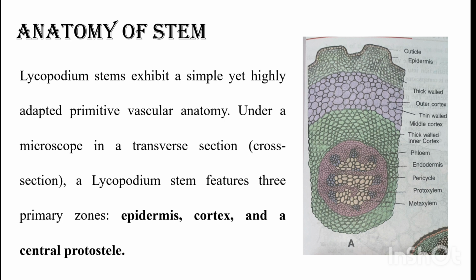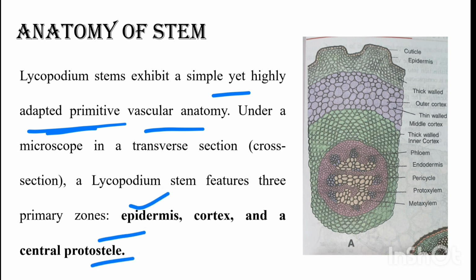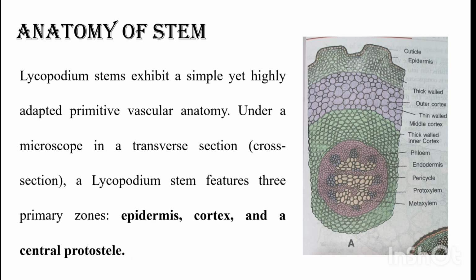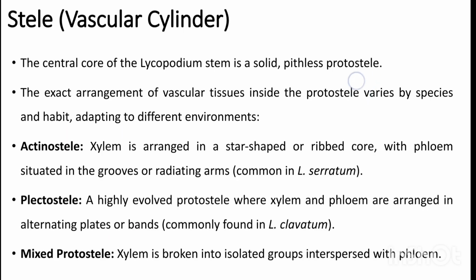Next, anatomy of the stem. Lycopodium stems exhibit a very simple yet highly primitive vascular anatomy. The TS reveals three primary zones: epidermis, cortex and central protostele. Protostele is the very basic type of stellar arrangement.